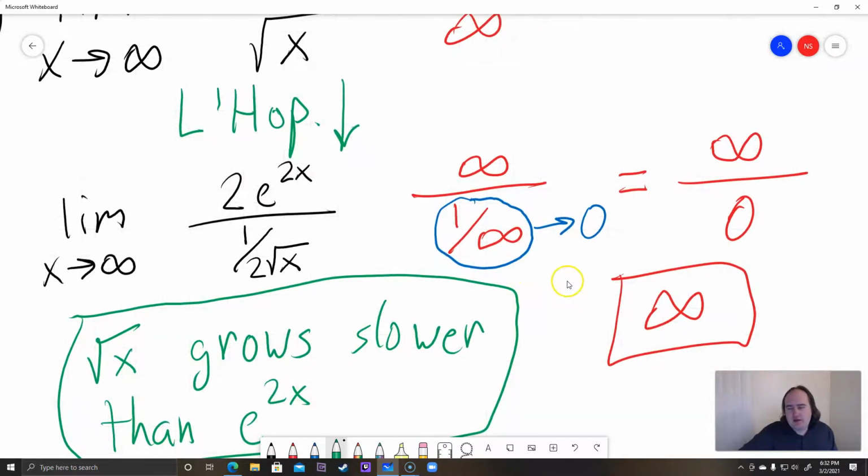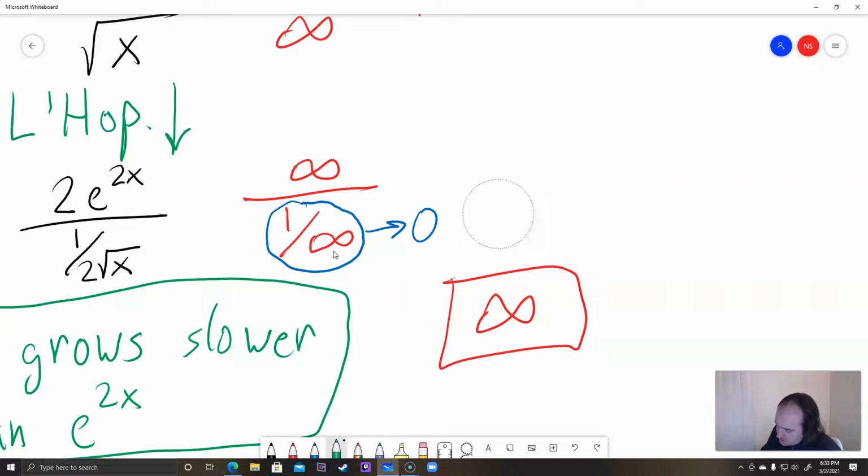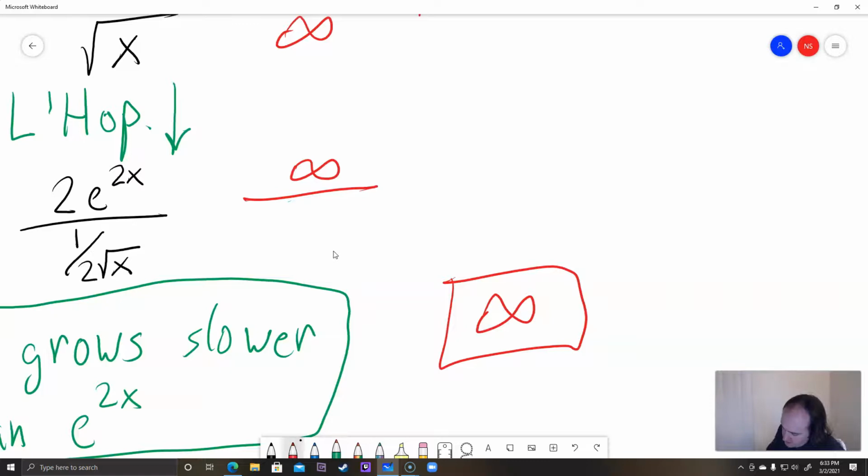And another way you could think of it, if you don't like the infinity over 0 business, is here when you're doing 1 over infinity, you can flip that over and move it to the numerator. So if you wanted to, you could think of it as, well, you got the infinity over 1 over infinity, but that's going to be the same as infinity times infinity.